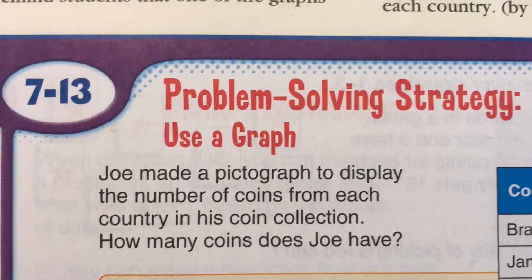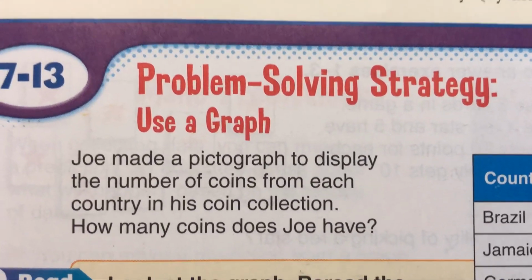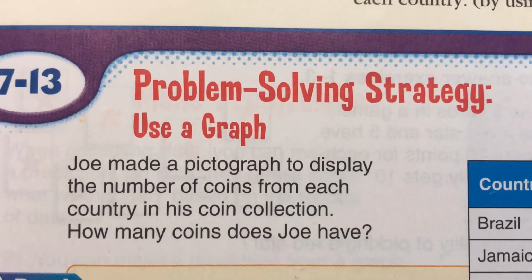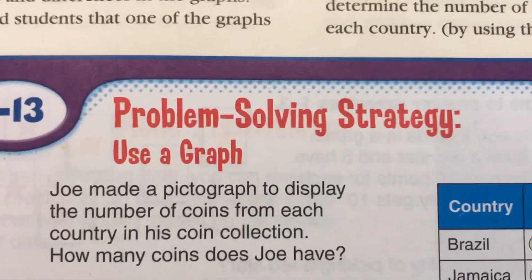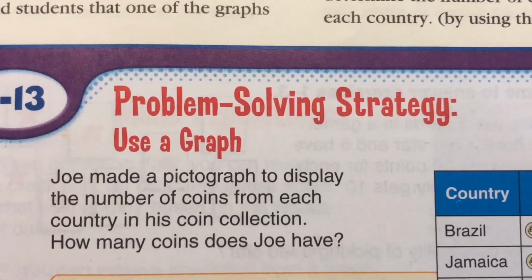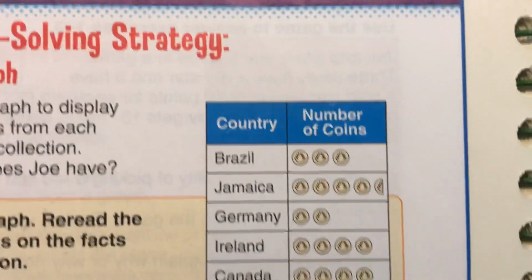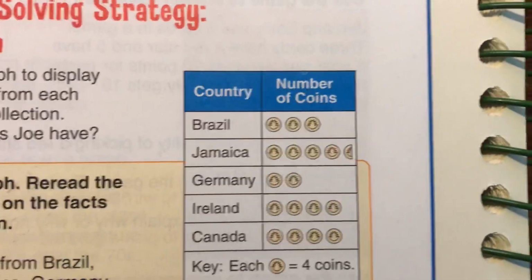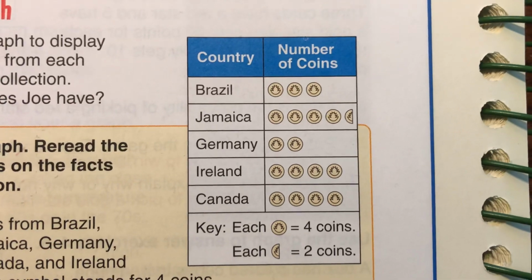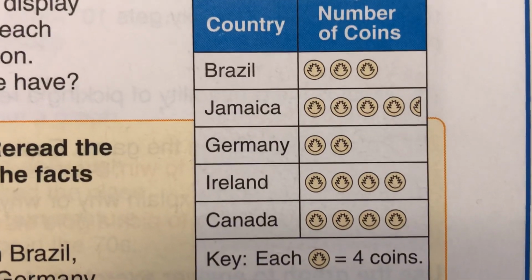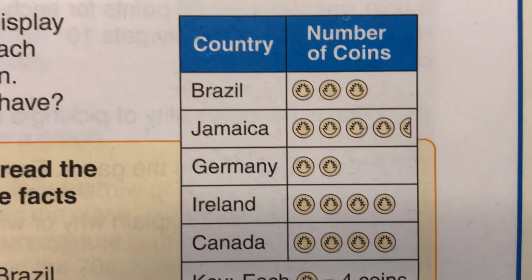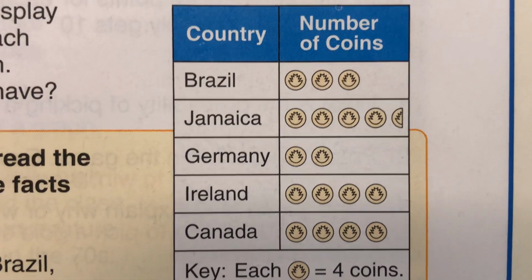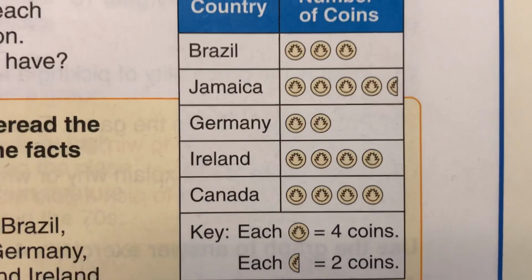Joe made a pictograph to display the number of coins from each country in his coin collection. How many coins does Joe have? So here is the pictograph that Joe made. Notice he's using a little simple symbol to represent coins in his coin collection, and that he has a key.